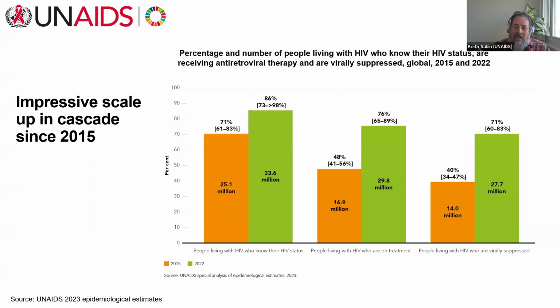We see ART coverage is increasing even more quickly. And once people are on ART, we find that viral load suppression follows shortly thereafter. Now, in terms of the numbers that we generate, this has a tremendous impact on reducing new infections.